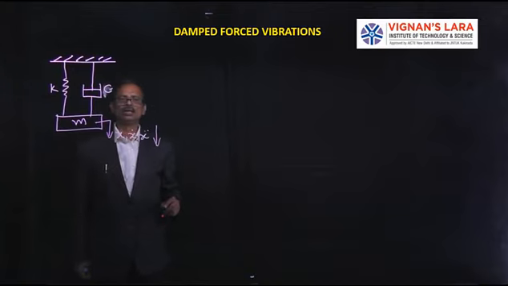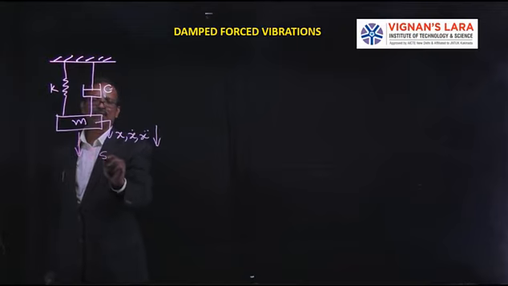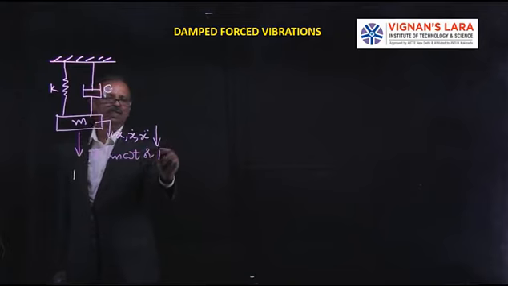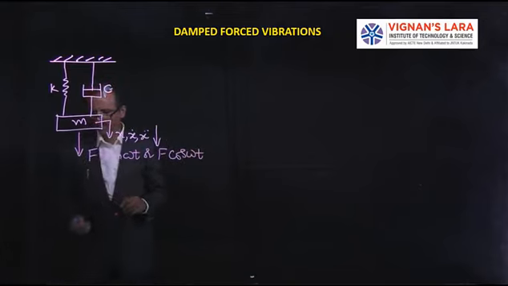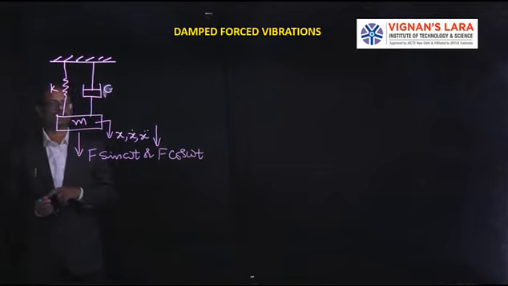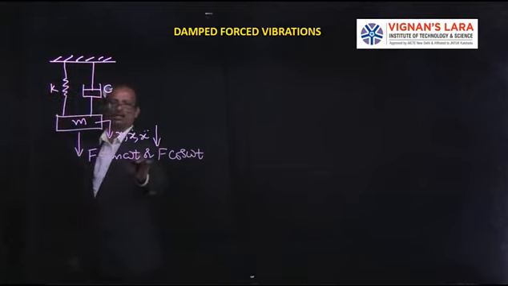Here you can see a force is continuously applied, F sin omega t or F cos omega t. You can say either sin omega t or cos omega t. So there is a continuous force applied on the system.